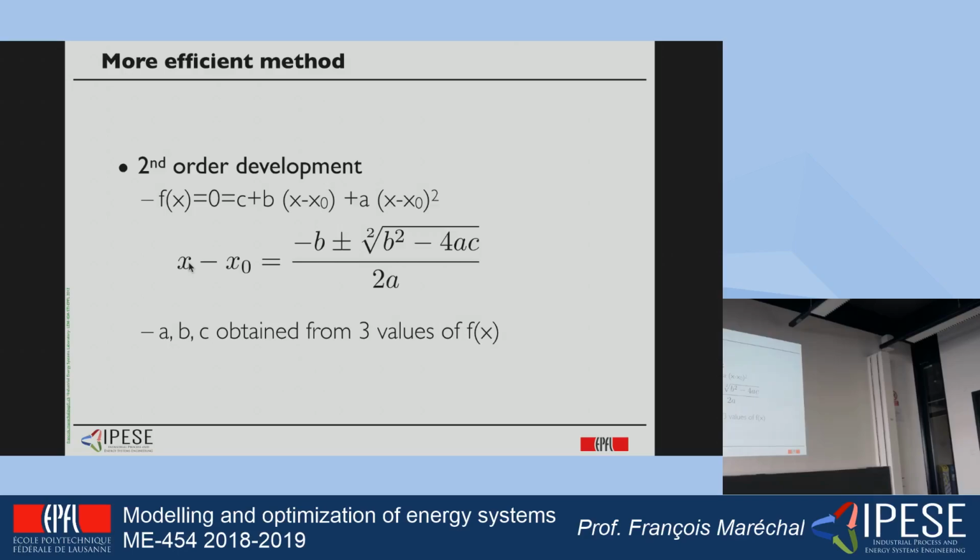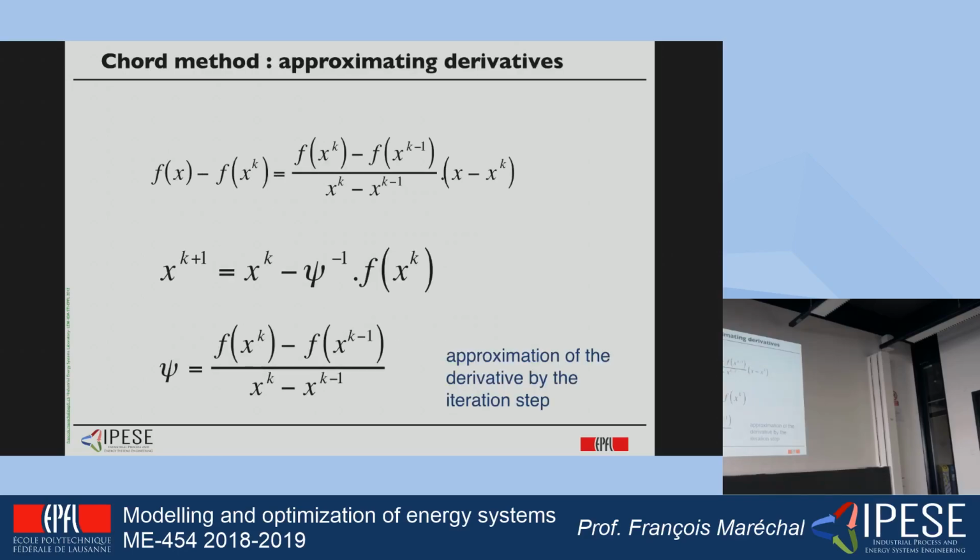If I'm applying this method, I can also use what we name the chord method. And the chord method is going to say, instead of having to calculate the derivative, so I'm in a point, I have to make a perturbation and then recalculate the function. So what I can do is to say, okay, let's make a step and deduce what is the derivative of the straight line between the 2 points that I have calculated. And decide that this is the approximation of the slope.